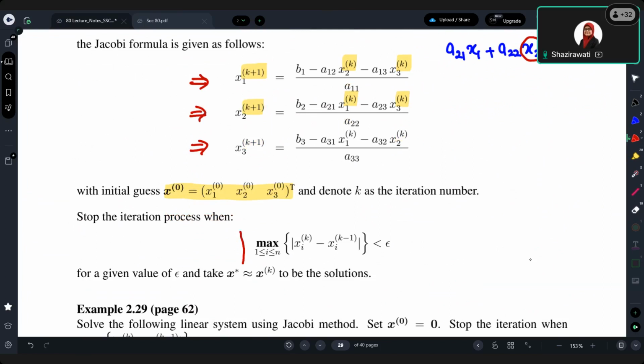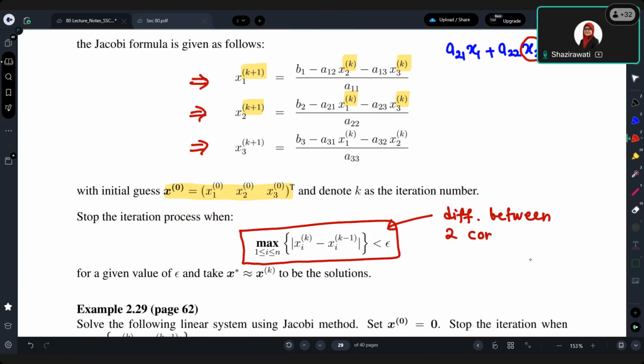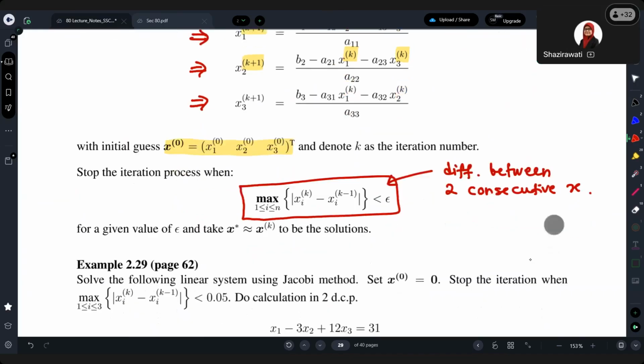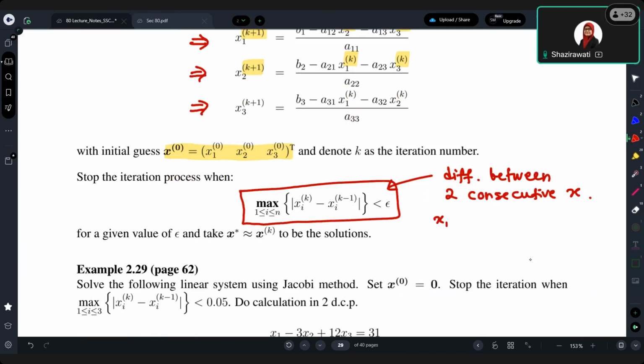condition, the maximum of xk minus xk minus 1. Meaning current minus previous. So here it means the difference between two consecutive x. Okay. In your calculation, you have x1, x2, x3.